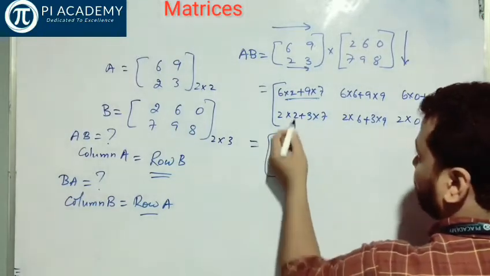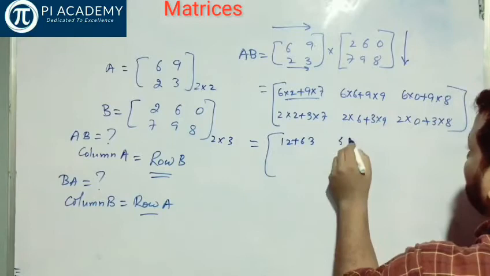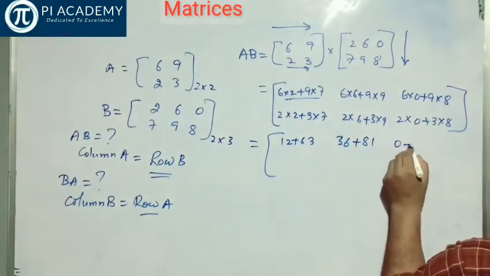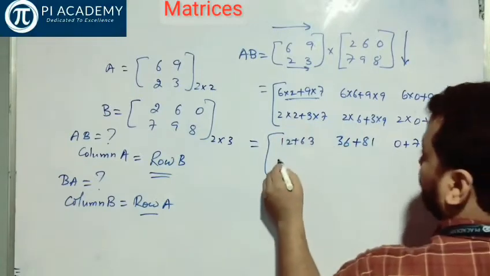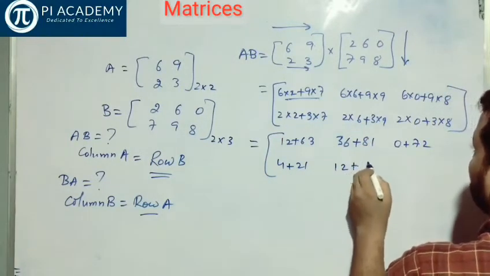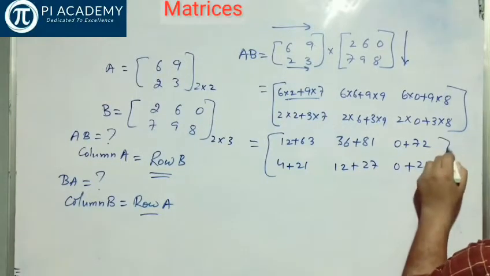Now if you add all those, so 12 plus 63, here 36 plus 81, here 0 plus 72, then 4 plus 21, and 12 plus 27, and 0 plus 24.